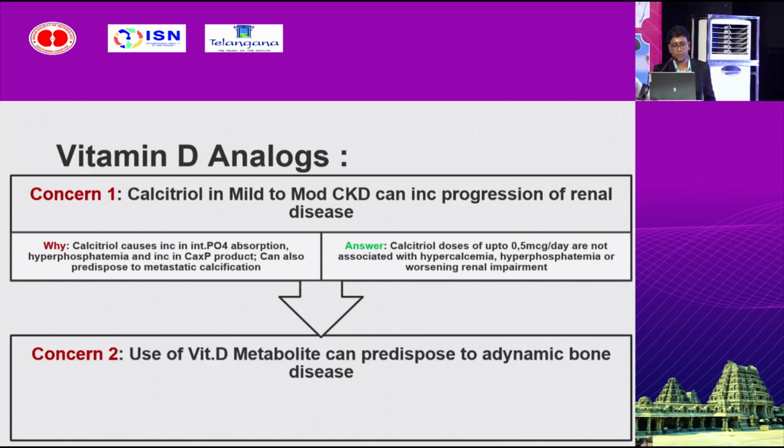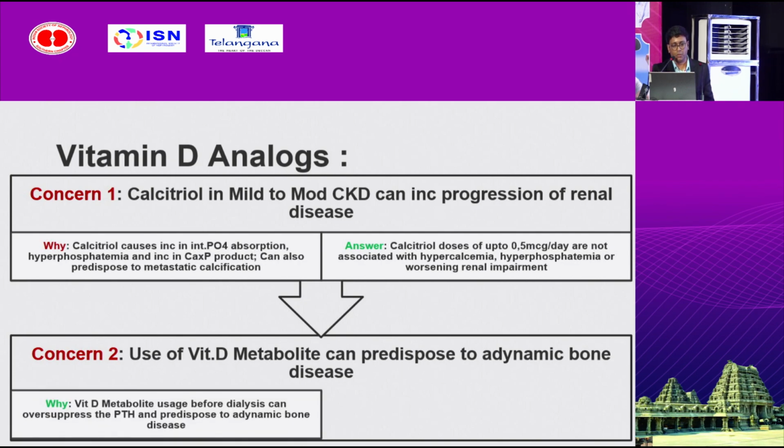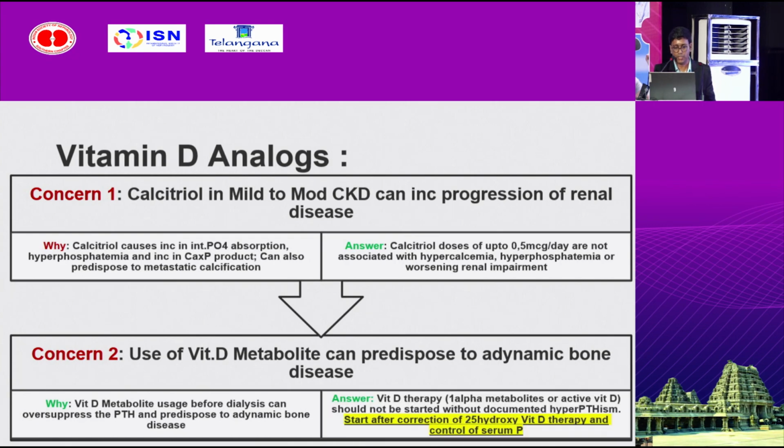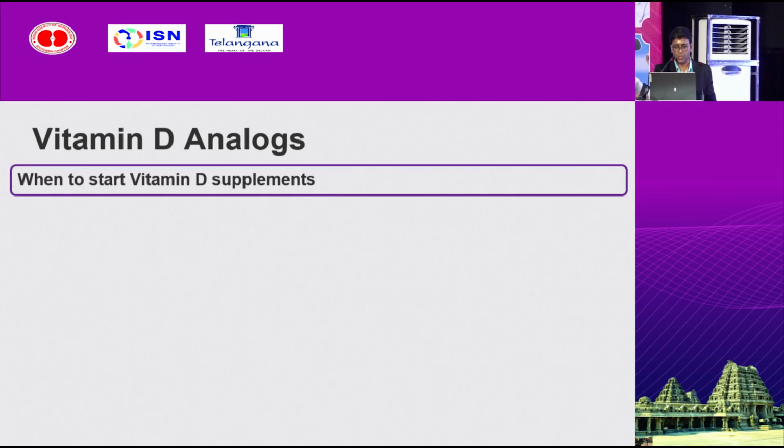Use of vitamin D metabolites can predispose to adynamic bone disease. Vitamin D metabolites usage before dialysis definitely can lead to oversuppression of the PTH and predispose to adynamic bone disease. And vitamin D therapy should not be started without the prior documentation of hyperparathyroidism. And we need to correct 25-hydroxy vitamin D before starting the vitamin D therapy.